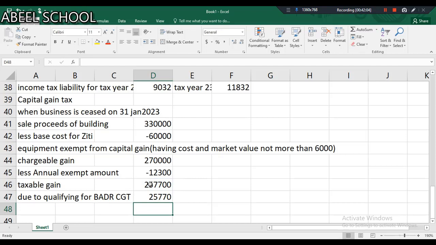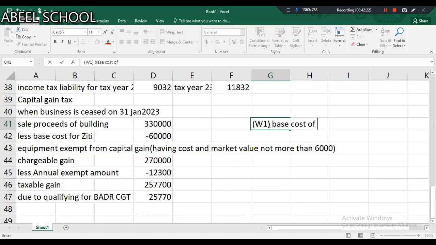Okay, let me show you how I got this base cost for Ziti. Let's show working here. Base cost of building for Ziti: market value at gift date.